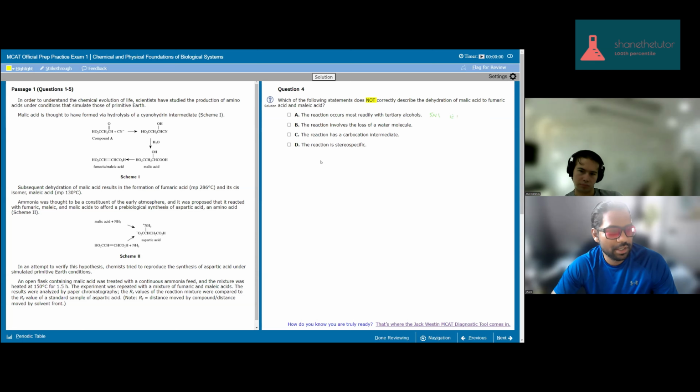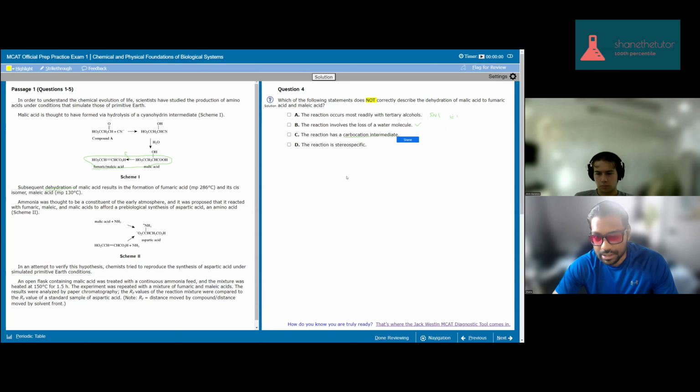This is the dehydration thing that they're showing us. Then, it involves a loss of a water molecule, which is what we would have, right? They didn't draw it, but they did say that it was a dehydration, right? Yep. So this is true, and we're looking for not, so that shouldn't be it.